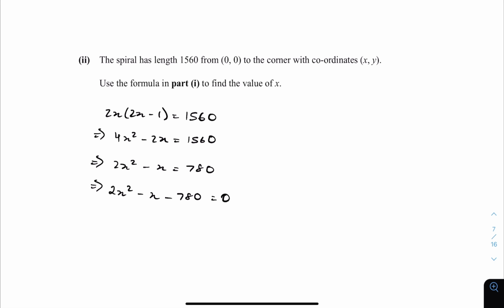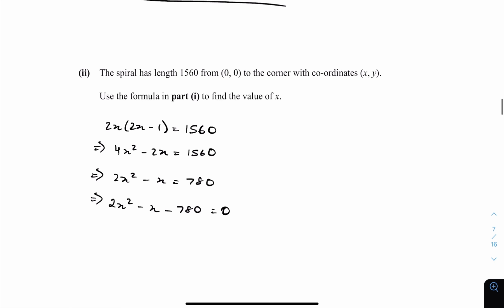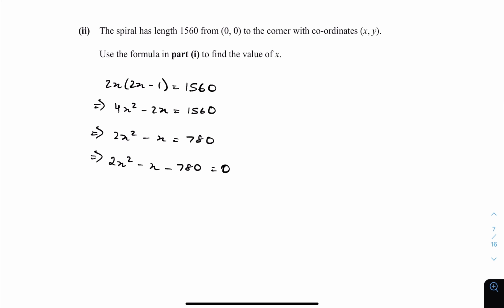Now I have to determine the roots of the equation. So there are going to be two roots of the equation since this is a quadratic equation. And the important thing to notice is that the spiral cannot have a negative value of x. So what we need to do is find the positive value. So this graph clearly has a positive and negative value. So let's look for the 0 with the positive value. And I've just found it, and it looks like x is equal to 20.